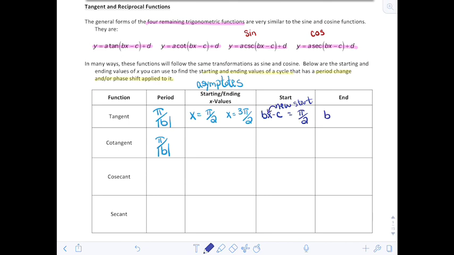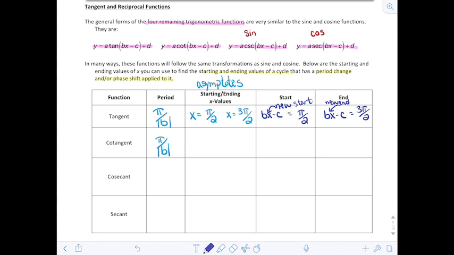And then we're going to set bx minus c equal to 3 pi over 2, which is the second asymptote. And this will be the new end when you solve for x. And once we have those asymptotes, then we can simply graph them and then create the tangent curve in between.